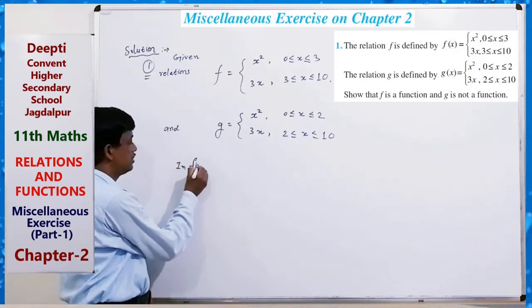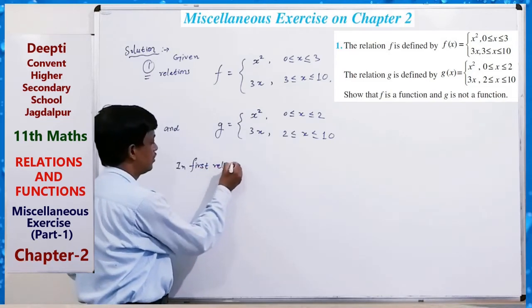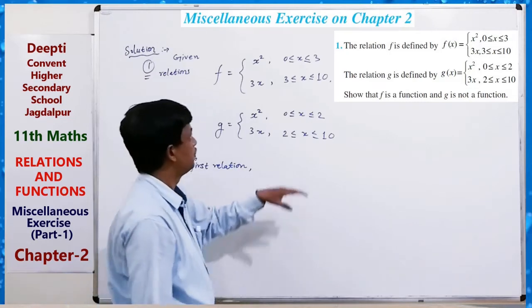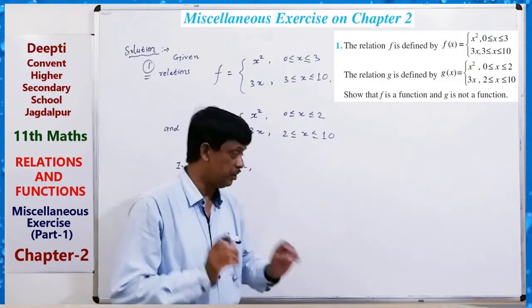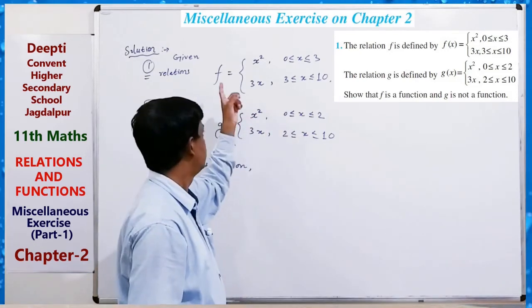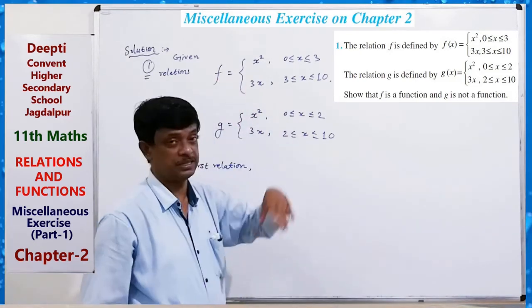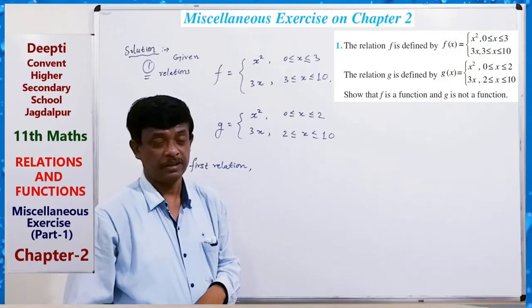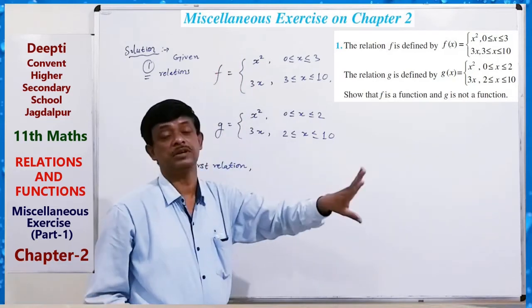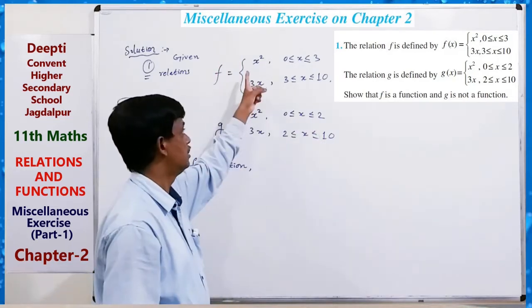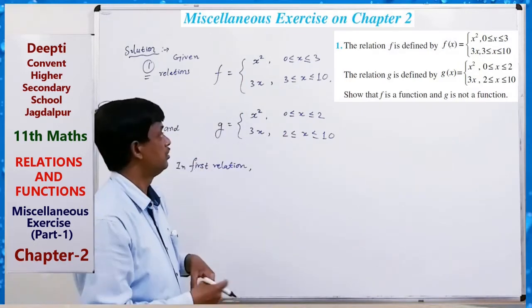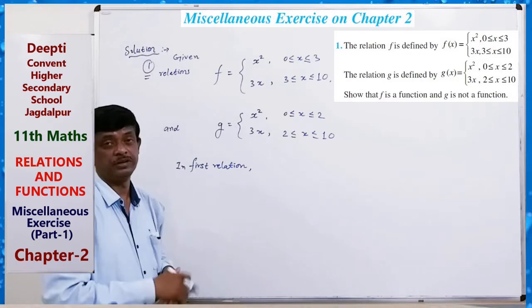In the first relation, we know that a relation will be a function if all the elements of the domain of the relation are connected to a unique element of the codomain.